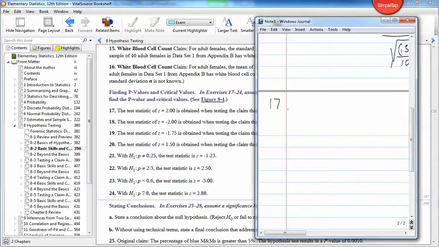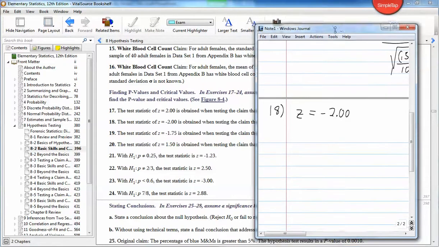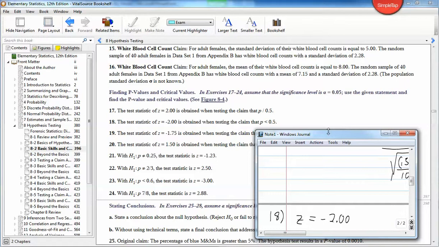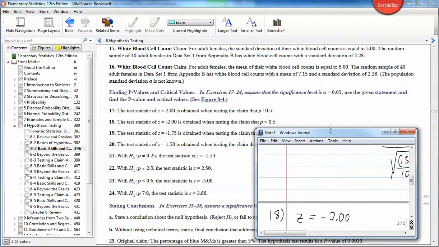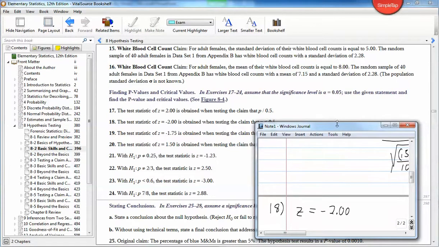Alright, so how about we do some of the even ones? So I'll do number 18. Let's look at that one. A test statistic of z equals negative 2.00 is obtained when testing the claim that p is less than 0.5.